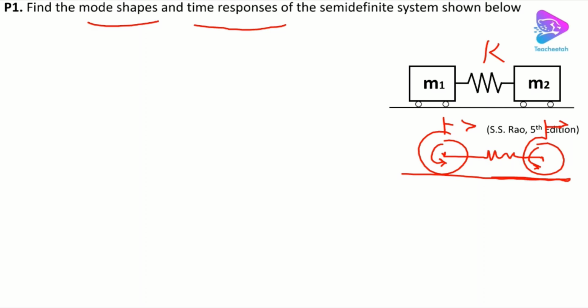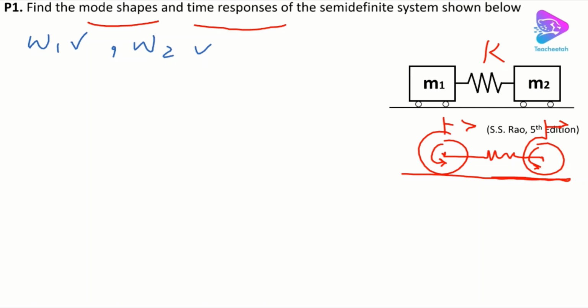So in order to find the mode shapes and time response, let's follow the rules and the methods that we showed before. So we found omega 1 and omega 2, same as the expressions we had before.